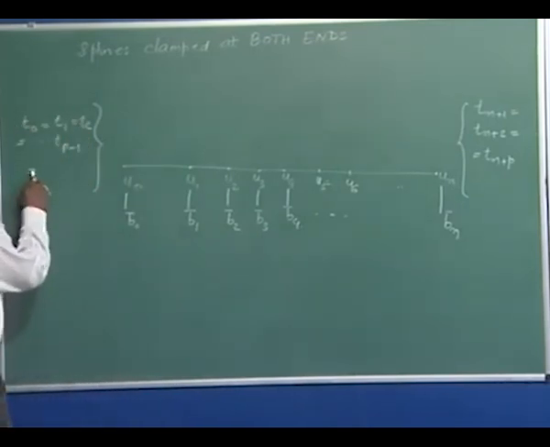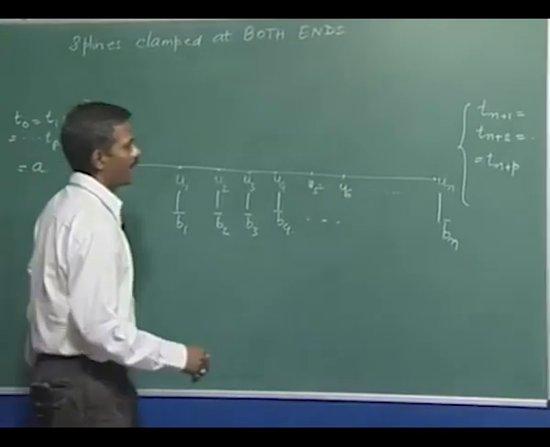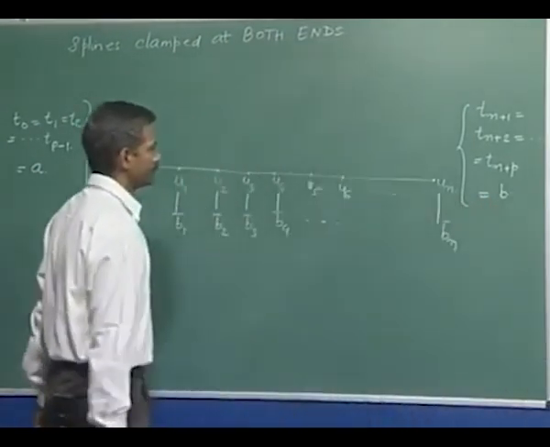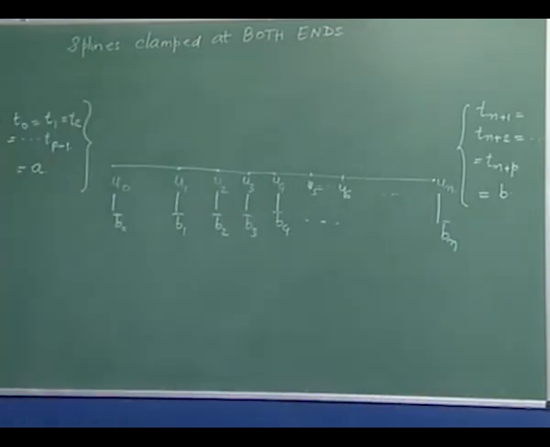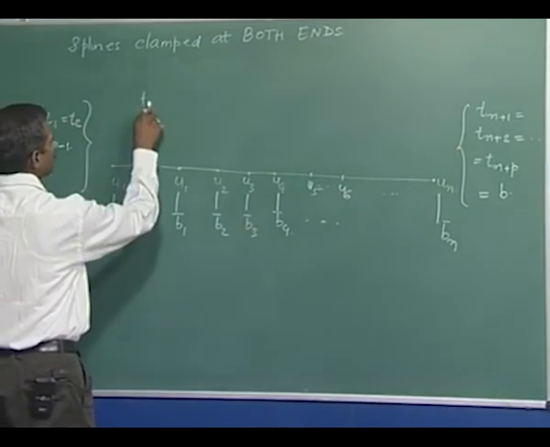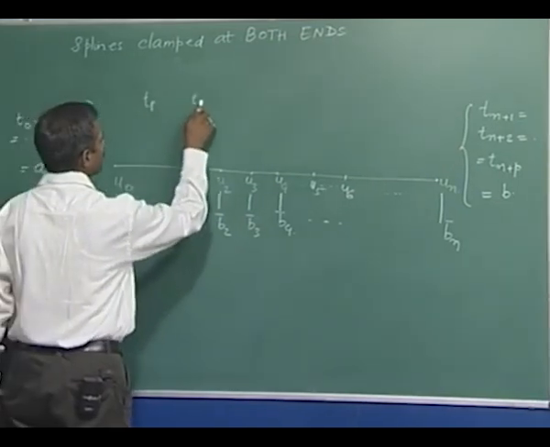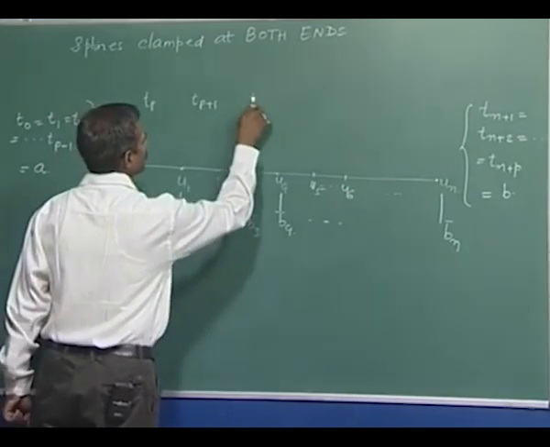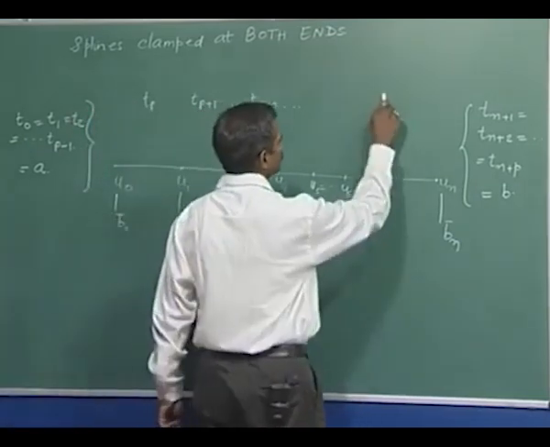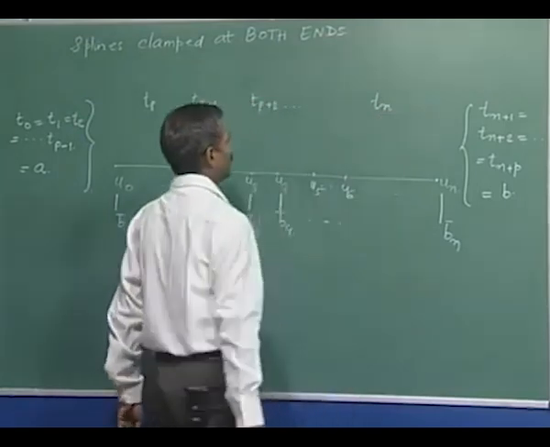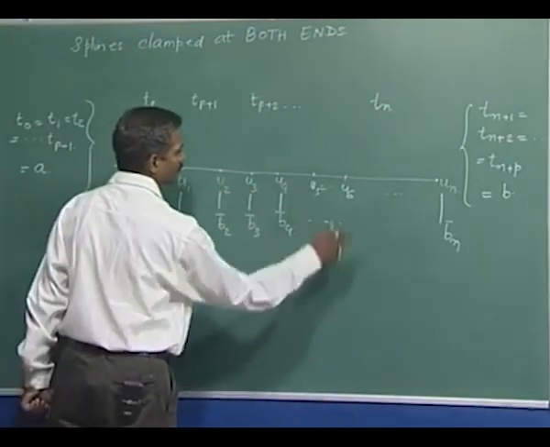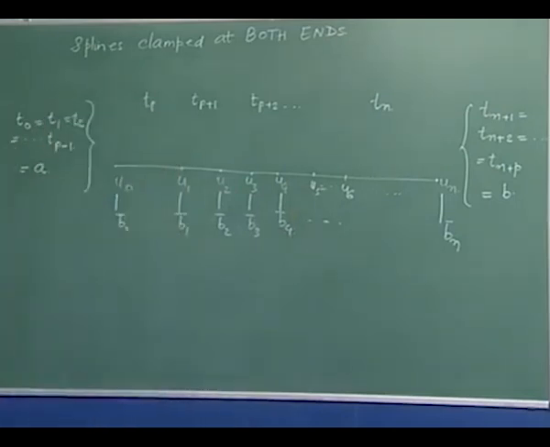Say they are equal to A, and here all these are equal to B. I have to compute my internal knots Tp, Tp plus 1, Tp plus 2, and so on up till Tn in such a way that I can use these parameter values that I have generated from before.